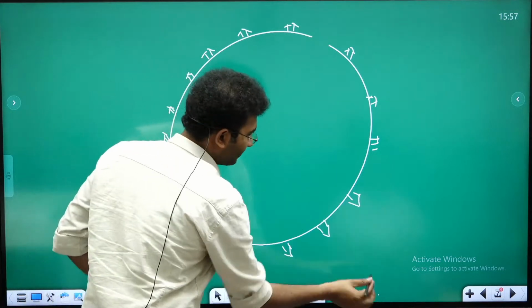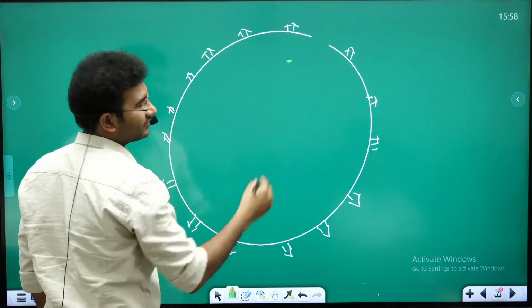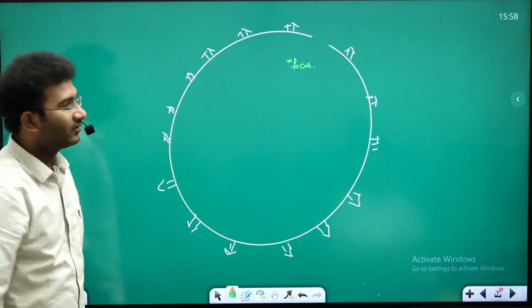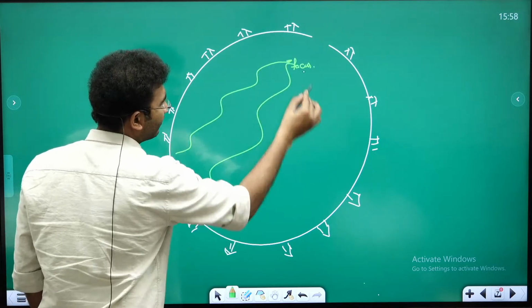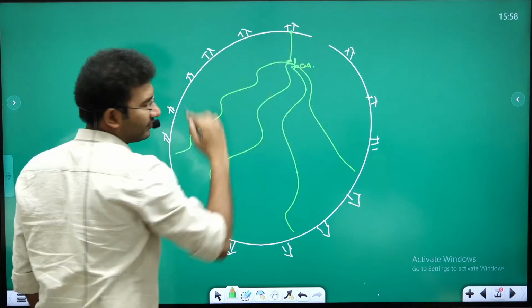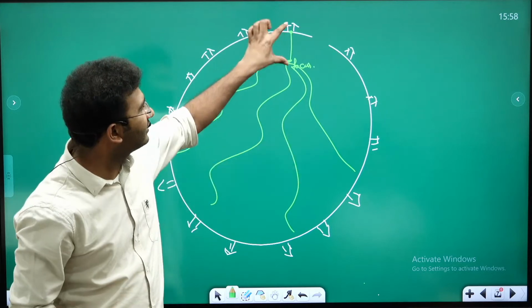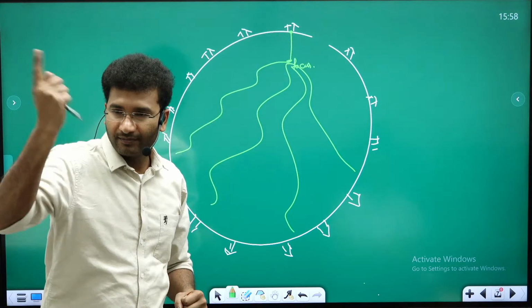Now, see, there is an earthquake which is generated, and the focus of the earthquake is at this depth. Now there will be waves that are generated through every corner of the earth, but our epicenter will be perpendicular to the focus, because this is the nearest distance and this is where the highest magnitude of the earthquake can be seen.